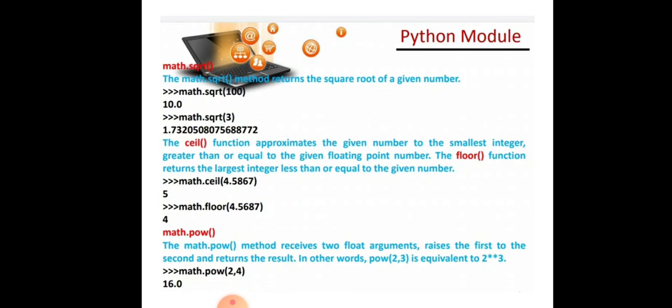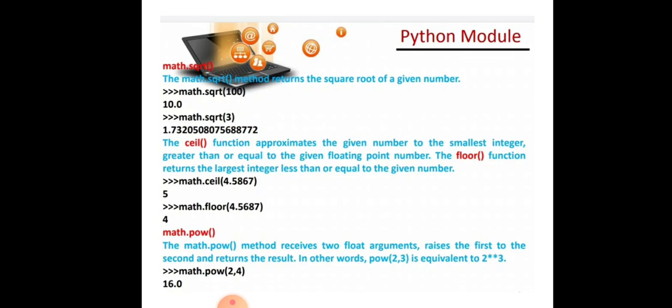The functions in the math module include sqrt. It is used for finding the square root of a given number. The ceil function approximates the given number to the smallest integer greater than or equal to the given floating point number. The floor function returns the largest integer less than or equal to a given number.